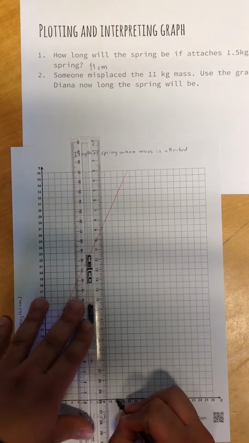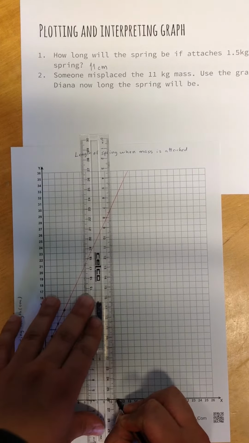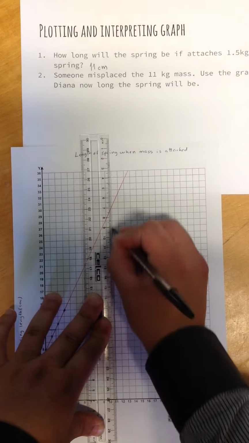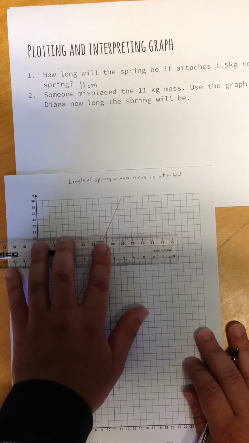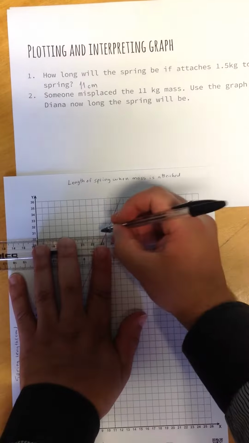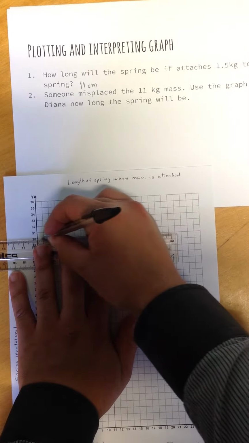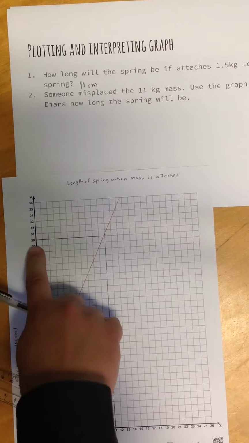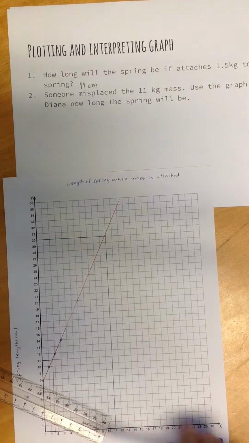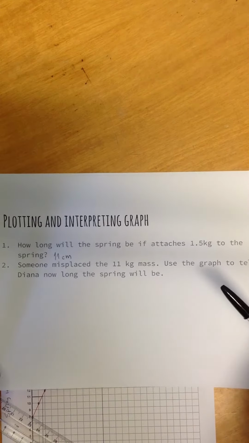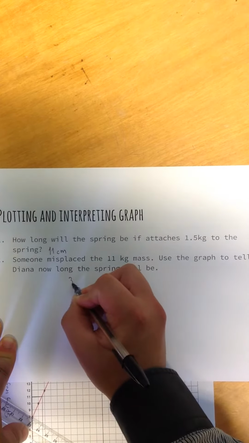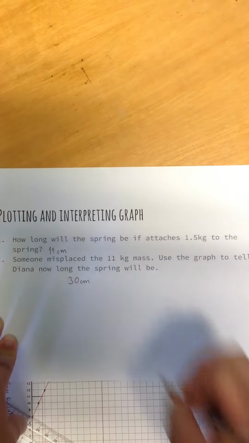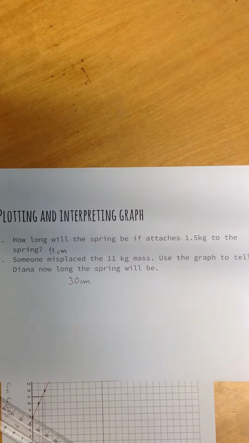We go to 11 kilograms, draw all the way up, and then we can read across. So we get 30. So it seems that if you were to attach an 11 kilogram mass to this spring, you will get a spring length of 30 centimeters. Good.